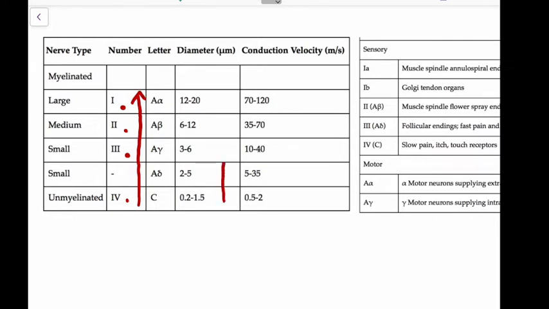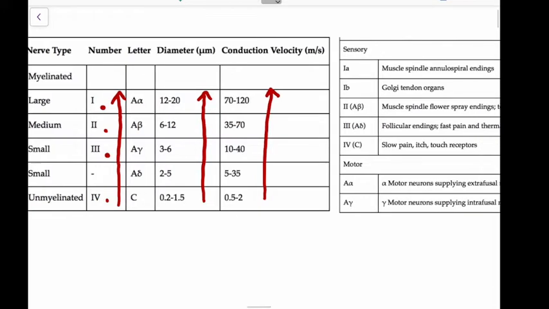They also increase in diameter as we go up, and they also increase in velocity as we go up. So number 1 is the largest, most myelinated, biggest diameter, highest conductive velocity, whereas C is the unmyelinated, type 4, the smallest diameter and the slowest velocity.